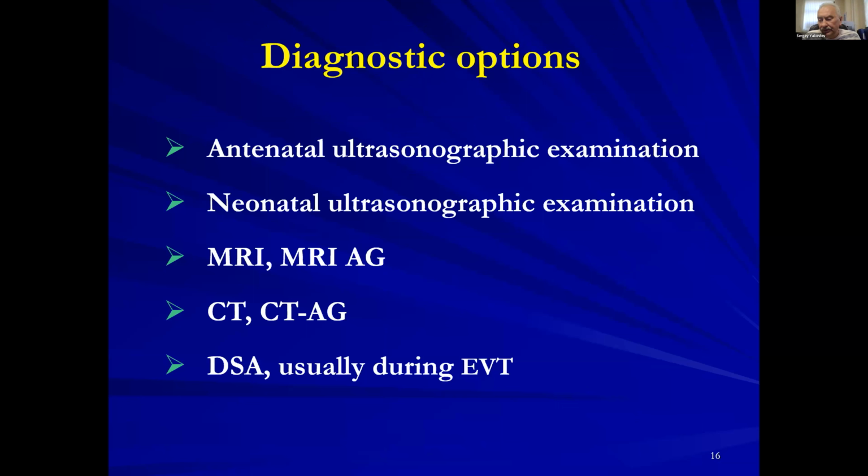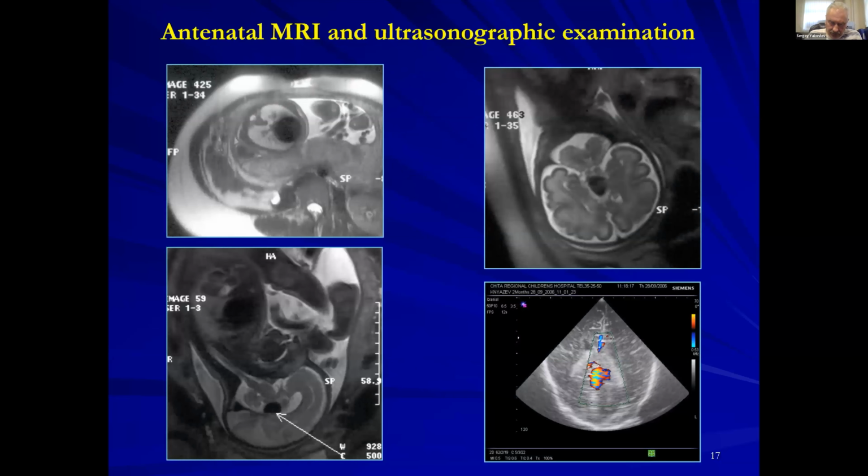BCA was used only as the first stage of endovascular treatment of AVM. In the antenatal MRI, you can see the dilated vein of Galen in different projections, and you can see pathological blood flow in this pathology.